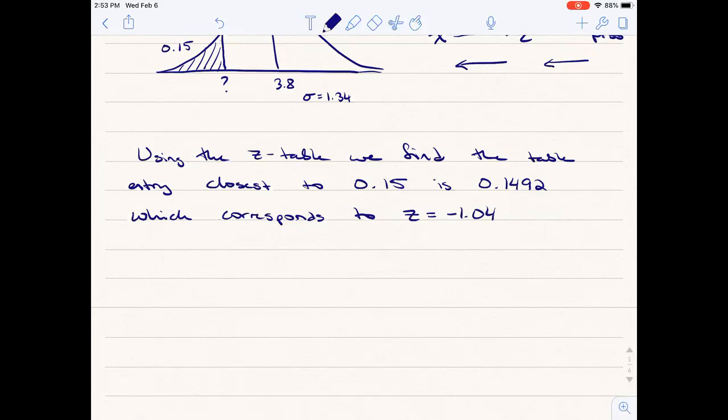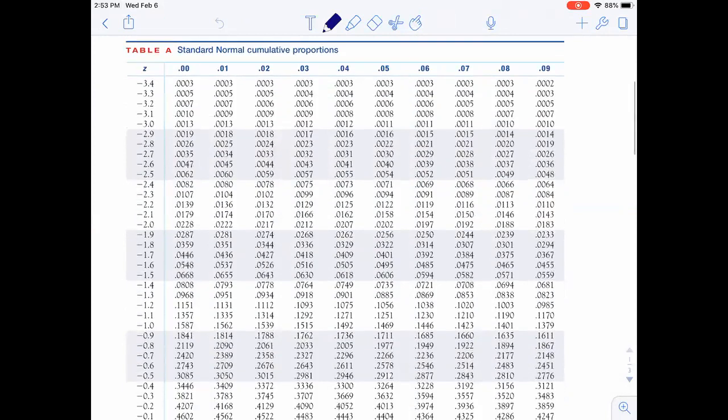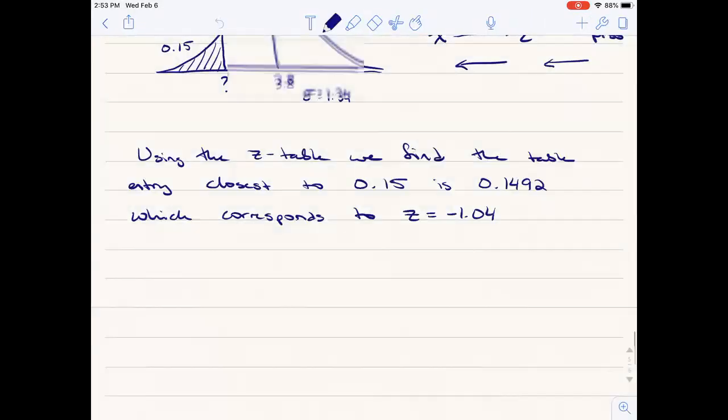Let me just check. Negative 1.04. Here. Good. So now we have our Z score.